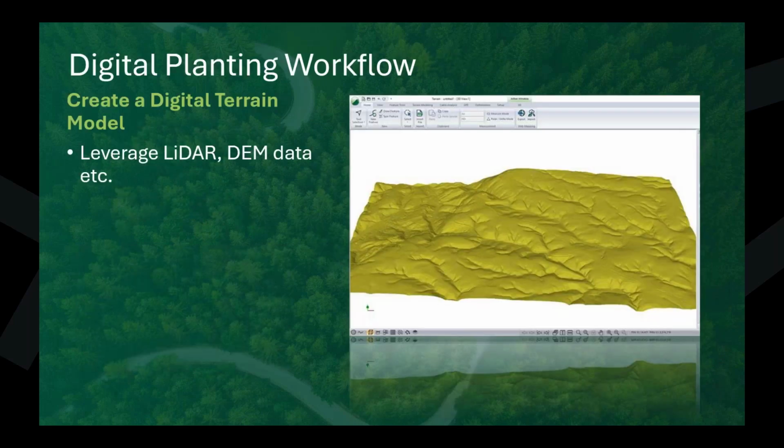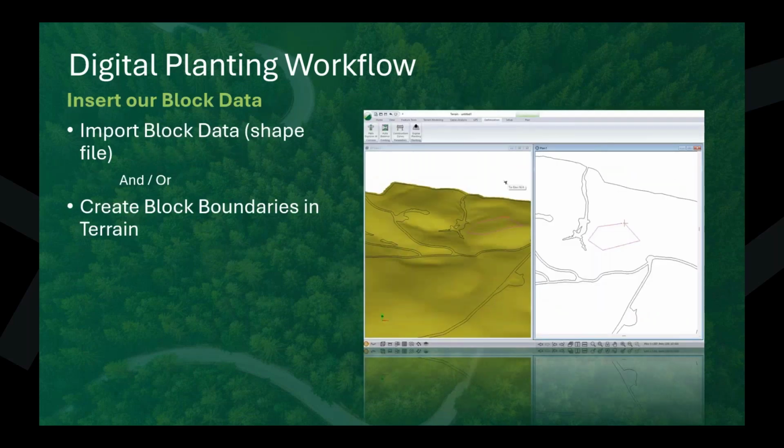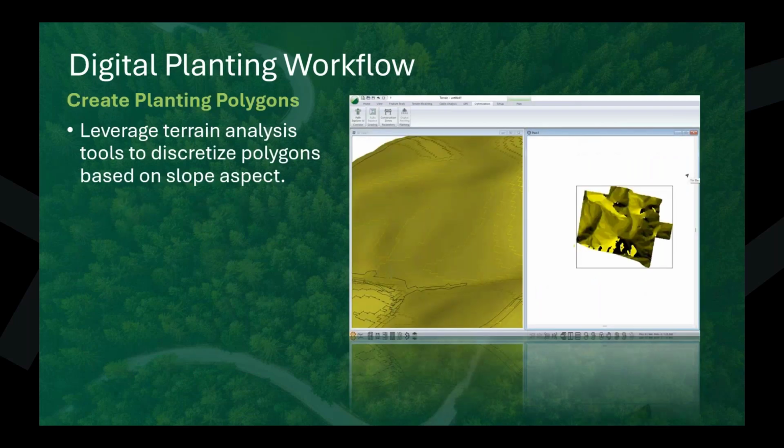So step one in a digital planting workflow, create that terrain model. And we've already done that in today's webinar in that sort of setup step. So we'll leverage our higher resolution LiDAR or DEM data, build our tin surface. From there, again, another step that we've done today, which is inserting our block data or perhaps creating features to represent our block boundaries. Following that, we're going to leverage the other tool that Matt also already demonstrated today, which was the polygonize tool. So here we're going to leverage terrain analysis tools to discretize different polygons based on their slope aspect.